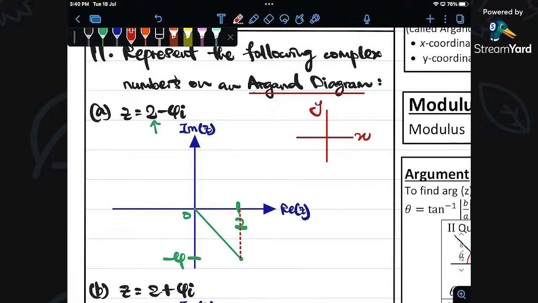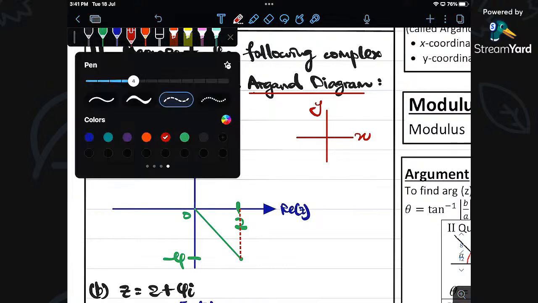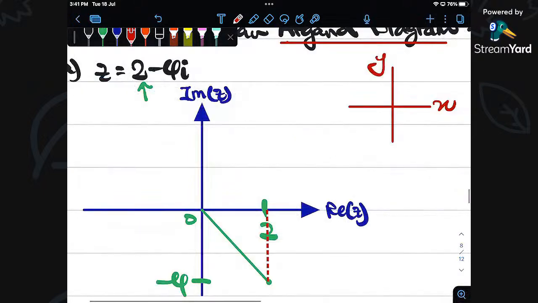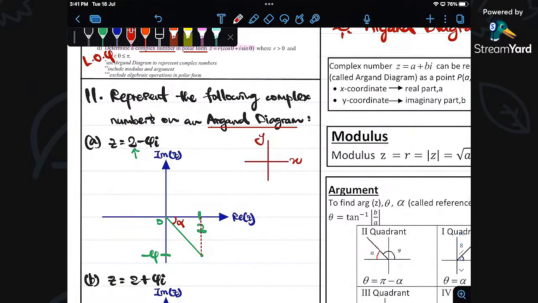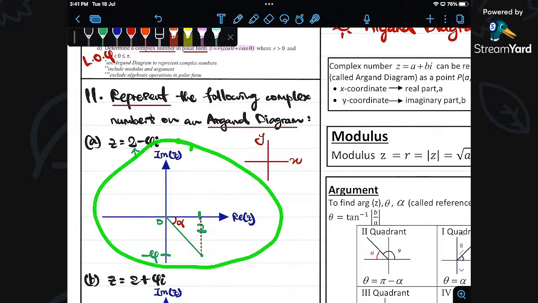And then you're done. And then kalau nak lebih tepat, kita letak dia punya angle. Here we call it alpha. So this is what you call representing the complex number di dalam Argand diagram. Argand diagram bermaksud ada paksi real dan paksi imaginary.